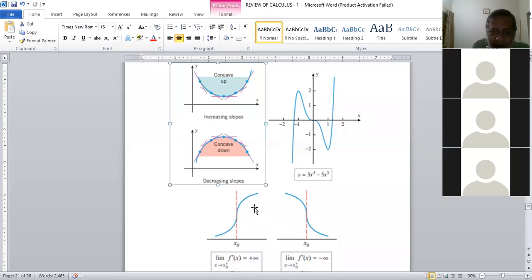But see here, concavity downward, concavity upward. Here is the point where the concavity is changing, and here, in contrast to this, यहाँ पे tangent ग्राफ को क्रॉस कर रहा है, यहाँ भी tangent ग्राफ को क्रॉस कर रहा है, but यहाँ tangent zero है, whereas at this point the tangent is vertical.